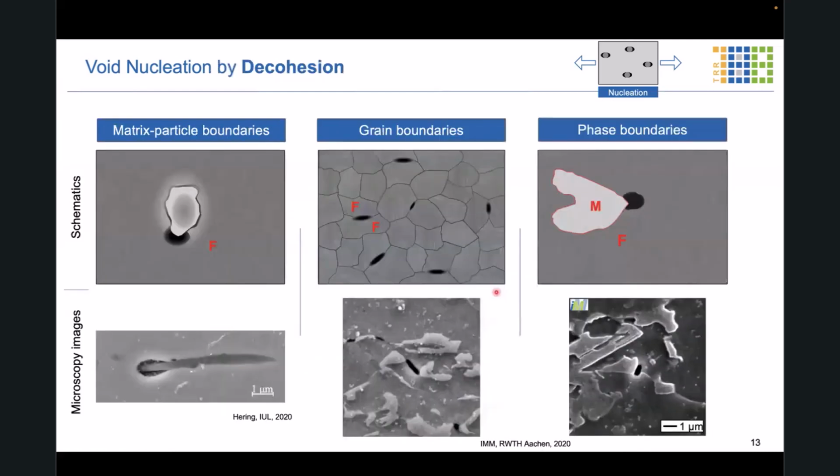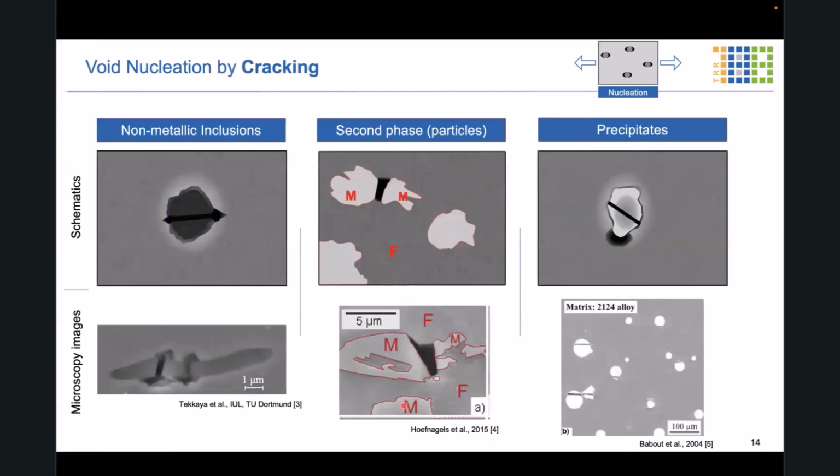So therefore, we could now draw the conclusion that we've got different mechanisms. One is the void nucleation by decohesion, for example, between matrix and particles, or at grain boundaries, or at phase boundaries, with the experimental evidence for these mechanisms on the bottom line over here, or void nucleation by cracking of the harder and stiffer constituents, like for example in non-metallic inclusions, in precipitates, or for second phases.